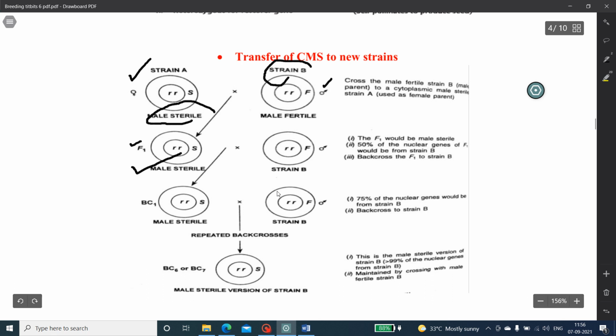And by doing this we can restore about 50% of the nuclear genes of F1 from strain B. So in F1, there is a transfer of 50% of the nuclear genes to the sterile line.